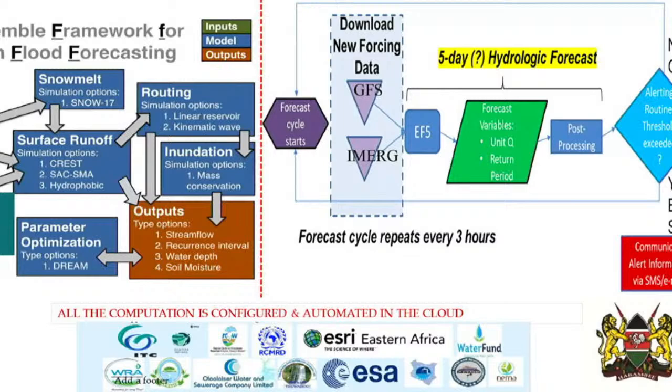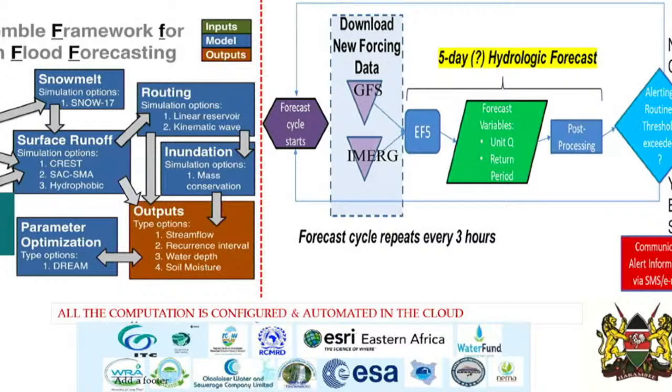So the conversion of meteorological forecast into hydrological forecast is what comes into the flood, and in doing so we use an ensemble framework of flash flood forecasting system, or the framework that takes the input of the land use, soil type, and various forcing files from hydrometeorological data, including digital elevation models, and gives an output in terms of flood inundations, stream flow, soil moisture, as well as the water depth.